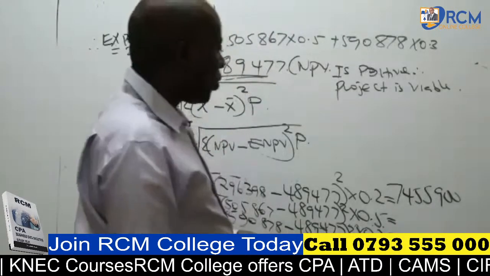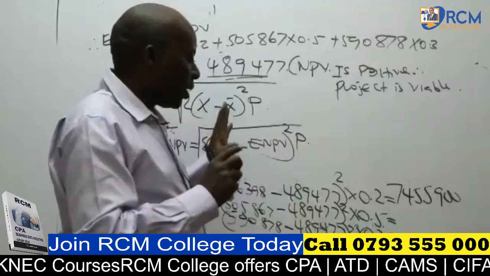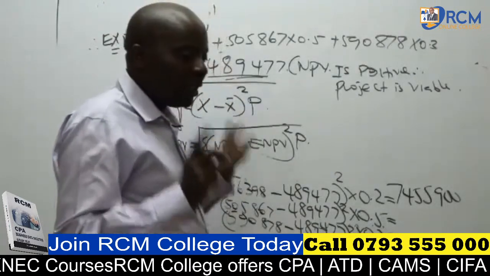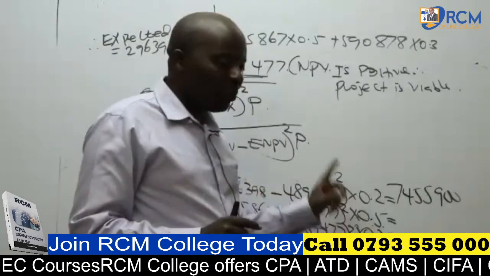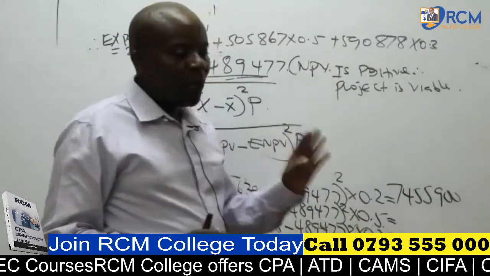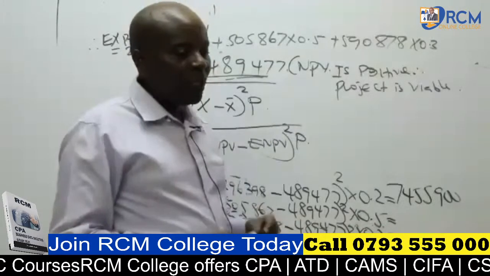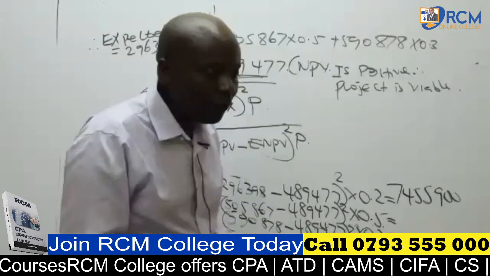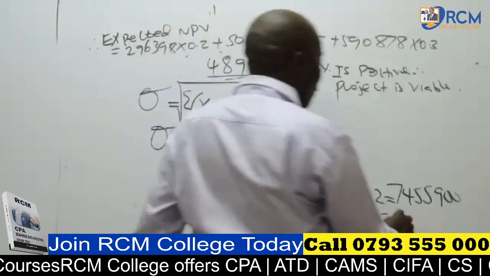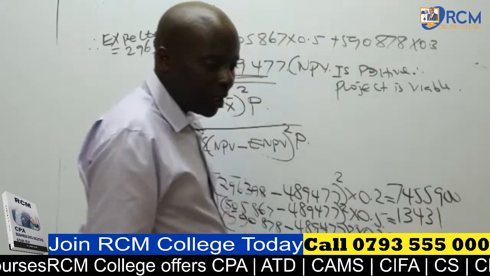How about the second one? You take this minus this, say equals first, and then you say squared. Whatever you get there, you multiply it with 0.5. What are we getting there? Somebody help me out, please. 13,431, 6050.